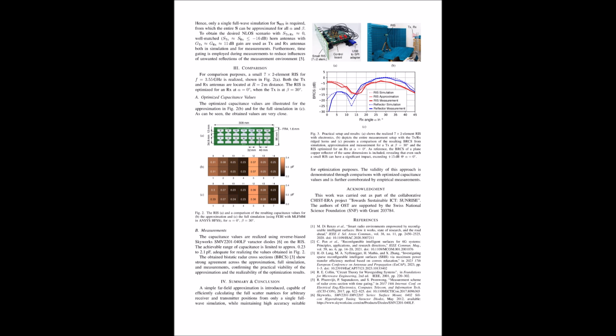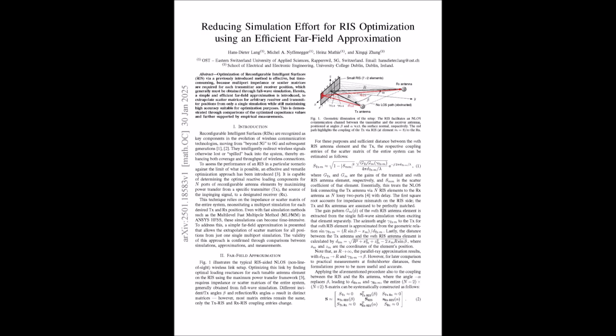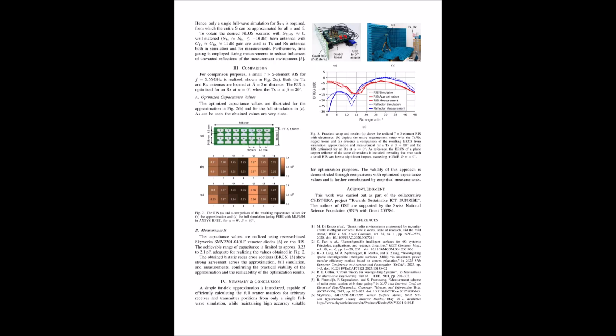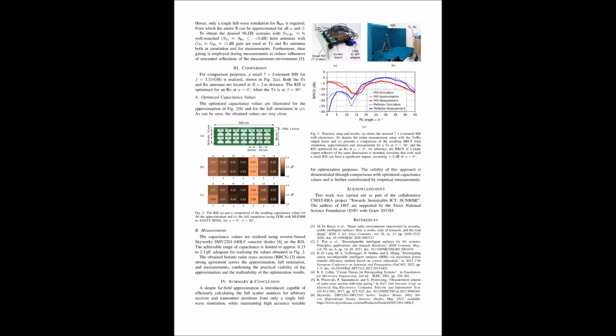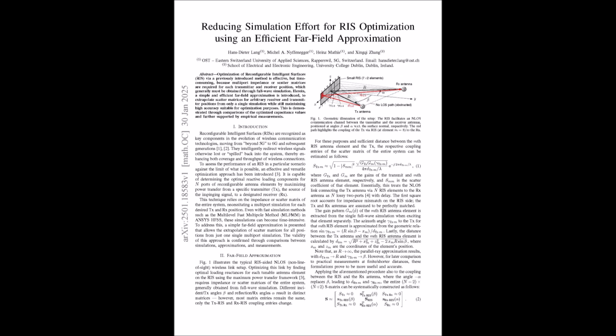Now, it's worth noting that varactor diodes aren't the only game in town. Are there other technologies being explored for controlling the reactance of RIS elements? Absolutely. It's an active area of research. While varactor diodes are popular, they do have some limitations, so researchers are always looking for alternatives that might offer even better performance or more flexibility. Like what? What are some of the technologies on the horizon? Well, one promising area is microelectromechanical systems, or MEMS. These tiny devices can physically move or deform structures at a microscopic scale.